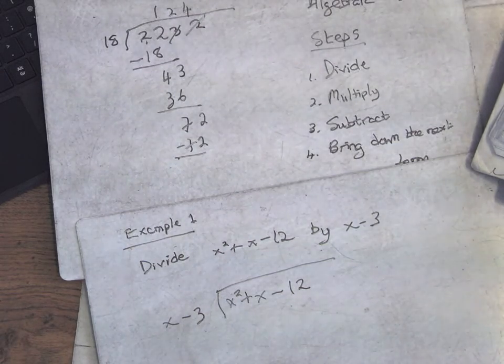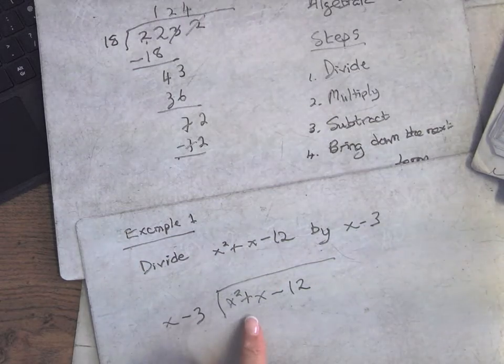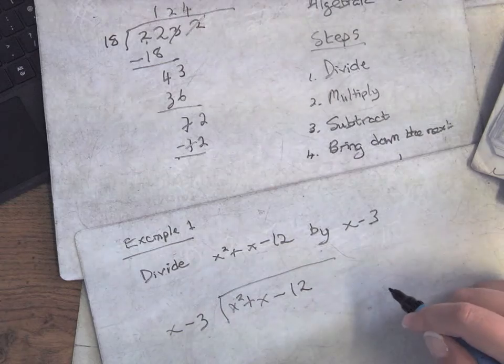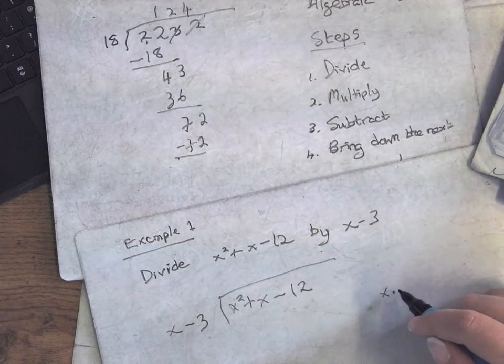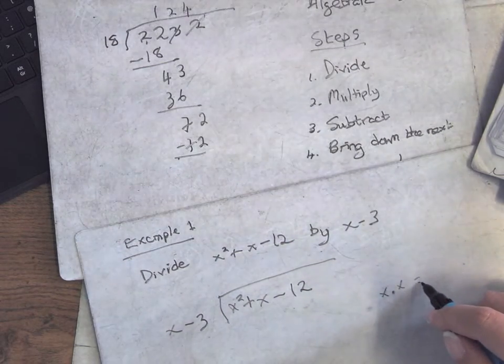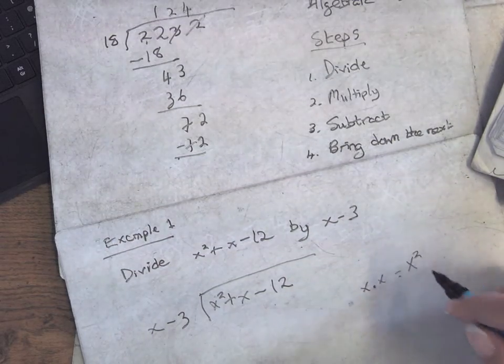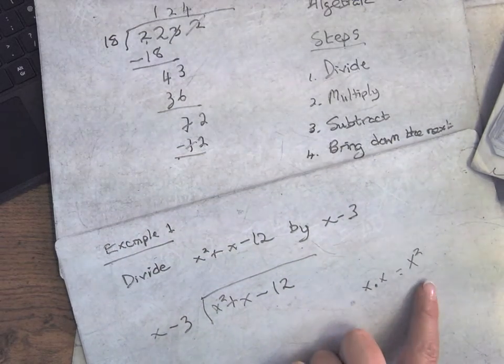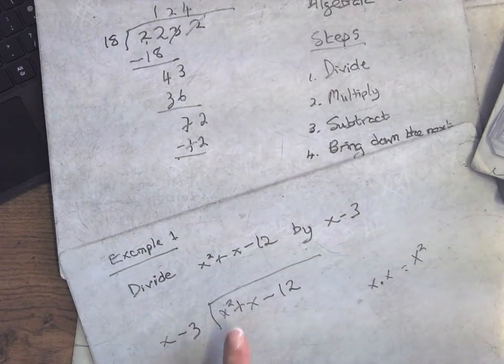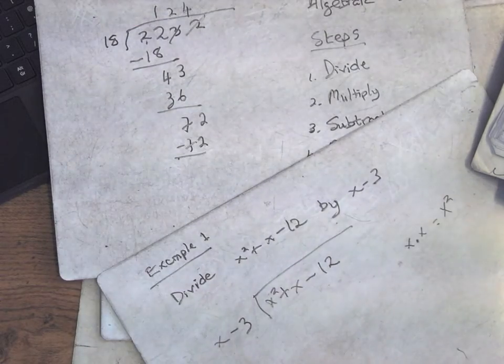X multiplied by something will give me x squared. What's x multiplied by x? X squared. Right? So if x multiplied by x is x squared, that means x squared divided by x is what?